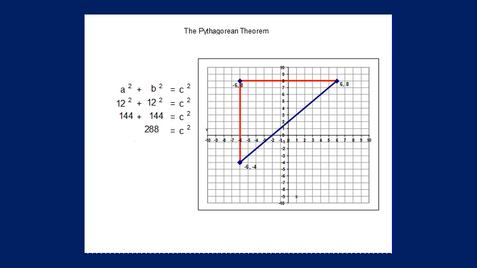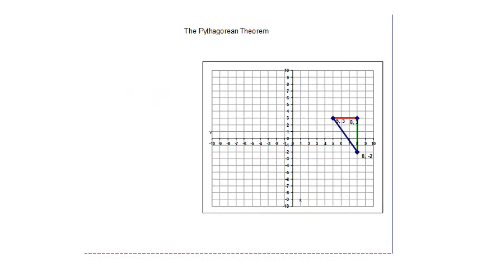We find the square root of both of those. The square root of 288 equals the square root of C squared, which is C. The square root of 288 is 16.97, so that is what C equals. Try this next one on your own.